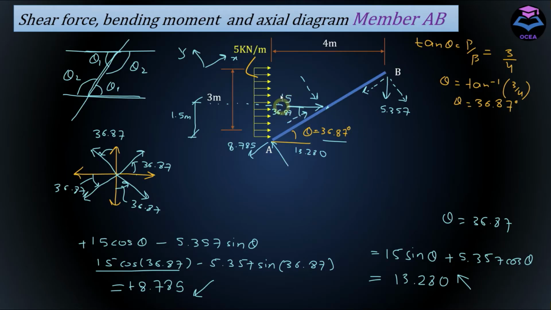We have this resultant force acting here at a distance of 1.5 meters, and this is going to be 15 cos theta, and this force here will be 15 sin theta, where theta is equal to 36.87. 15 sin theta is equal to 9 kilonewton, and 15 cos theta is almost equal to 12 kilonewton.